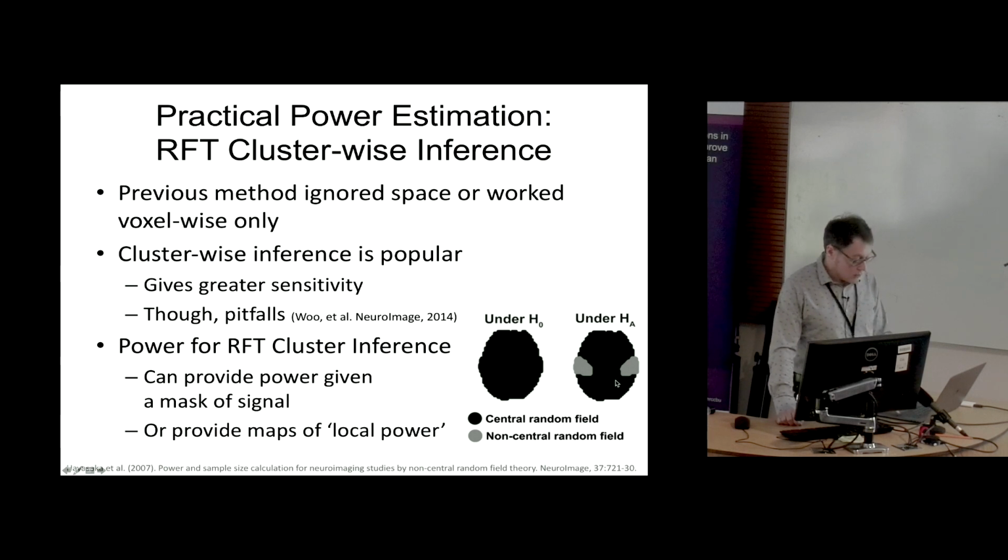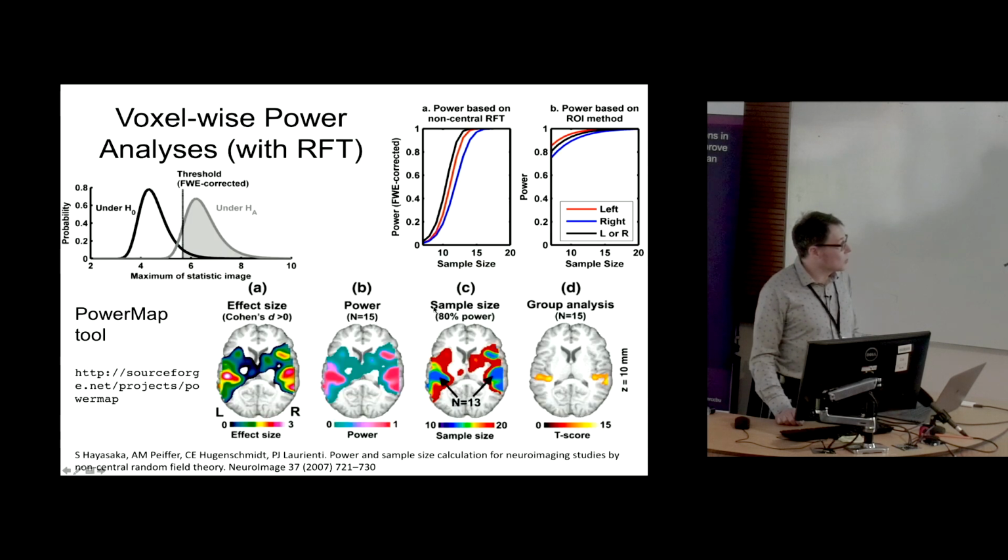Whereas the normal results for the maximum distribution look like this, he was able to work out what those maximum distributions are when you have a shift, in particular for the size of clusters. So you can load up data from which you then estimate the random field theory parameters and work out the power for a given size.